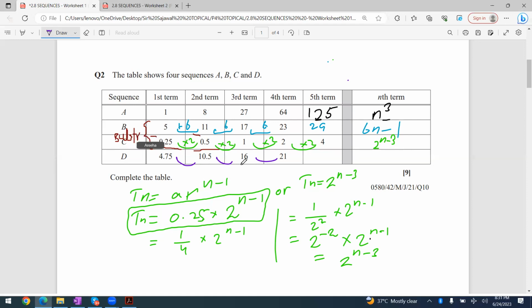Because if you try to find differences, it will not be able to solve. So what Riha is doing, B minus C, because every time when you subtract 0.25 from 5, you get 4.75. Subtract 17 minus 1, you get 16. So you can subtract the formula also. Okay. So 6n minus 1 minus 2 raised to power n minus 3. All right.